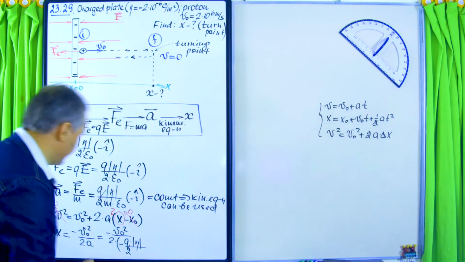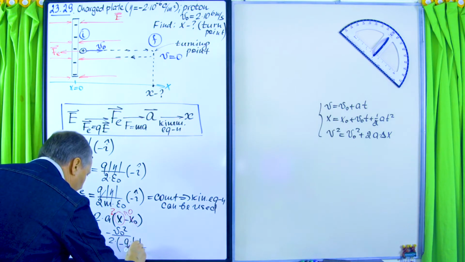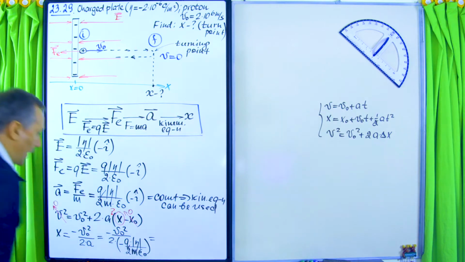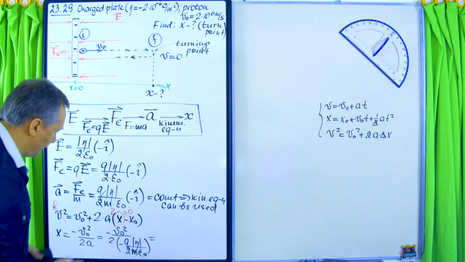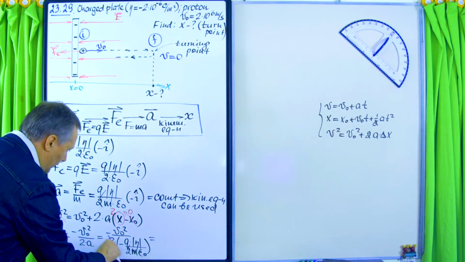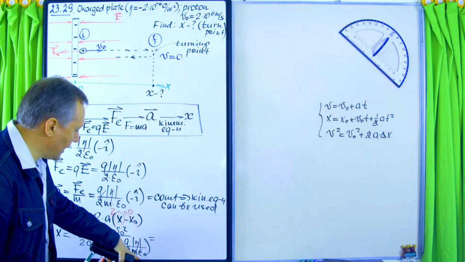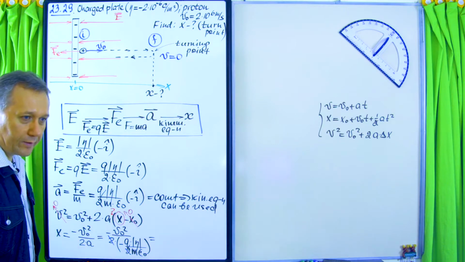Can you see? Yeah, it's there. m epsilon naught. Right. Minus and minus will disappear. 2 cancels 2. And as a result, this m epsilon naught will go to the numerator.